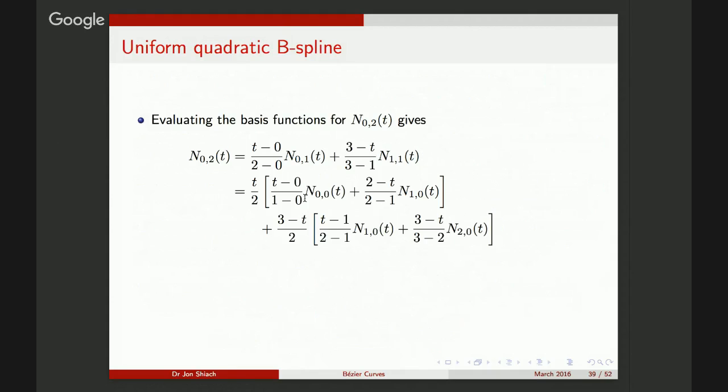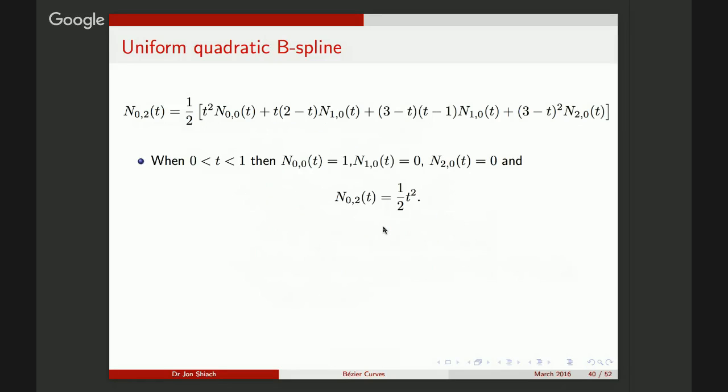So we can actually simplify this. You can see we've got an N_{1,0} there and an N_{1,0} there, so we can simplify that to that expression. Well, that's not the end of it, because these N values here are either going to be 0 or 1, depending on where that t falls in the knot vector.